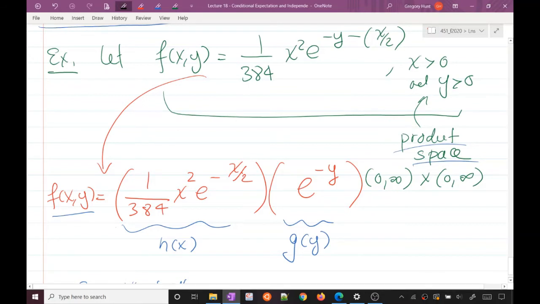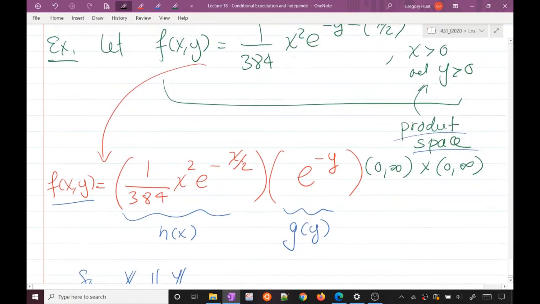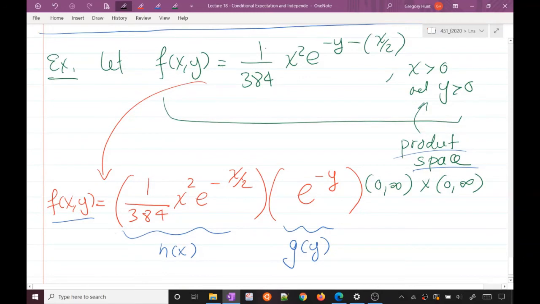And you really don't want to solve that integration problem. This didn't involve any integration problem at all. All it involved was inspection of the joint PDF and separating something involving x and something involving y. Super simple. Okay, so that's how you verify things are independent.